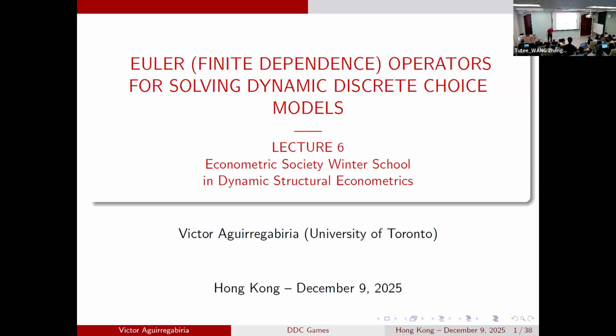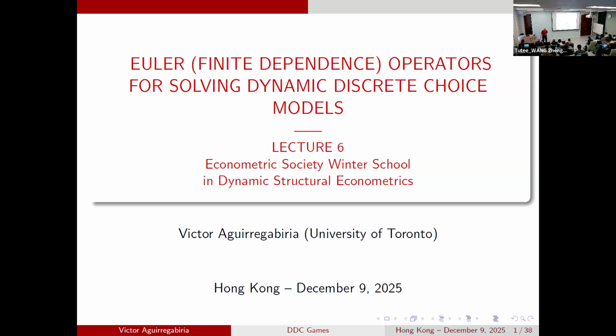I'm going to show you that we use the concept of finite dependence to define an operator. I'm going to call it the Euler operator, and I will explain later why I call it that way. And it can be used to solve for the solution of the dynamic programming problem.